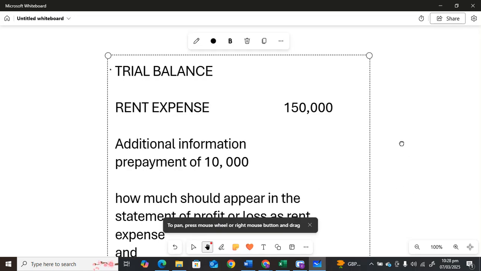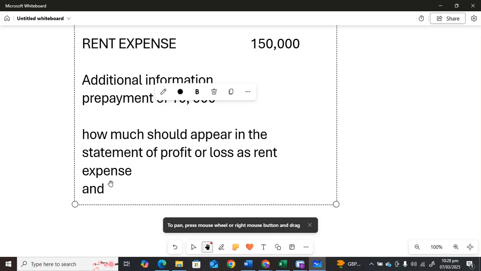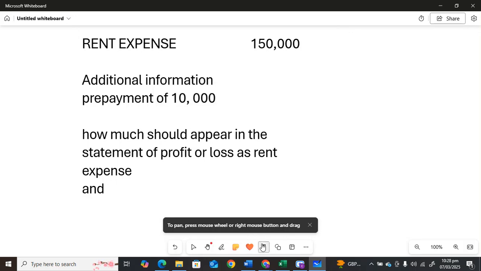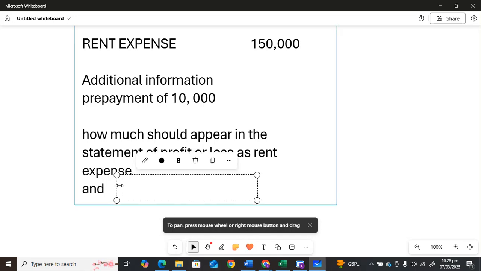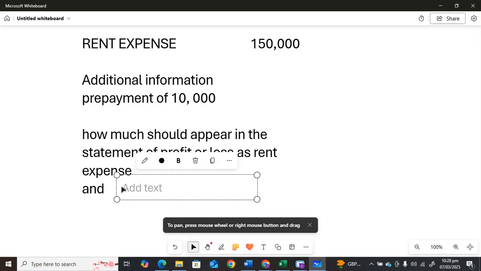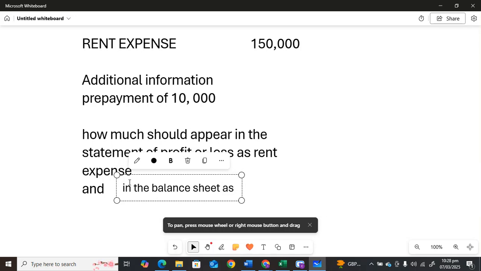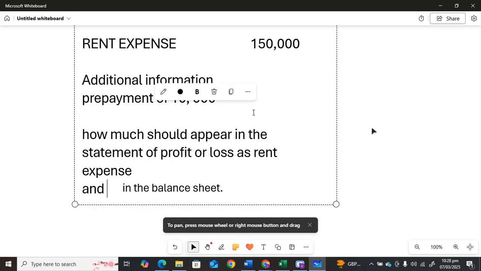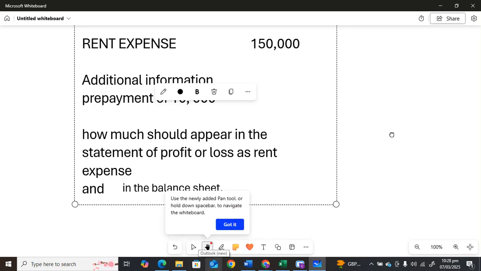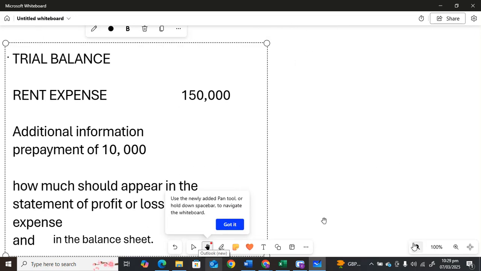Now they won't bring the question like this to you, but we have to start from the basics. So how much should appear in the statement of profit or loss as rent expense and in the balance sheet? Before we start answering, originally this is what happened.